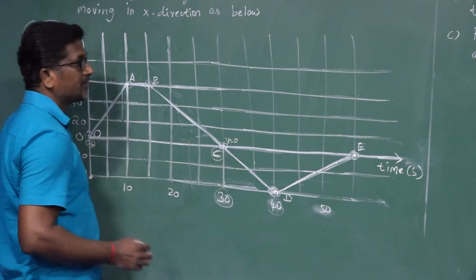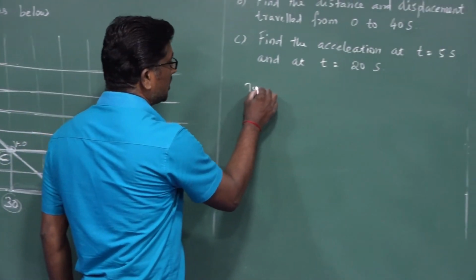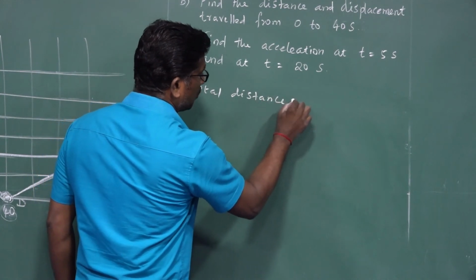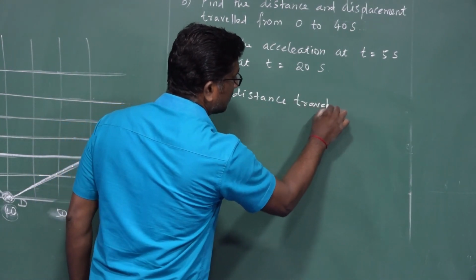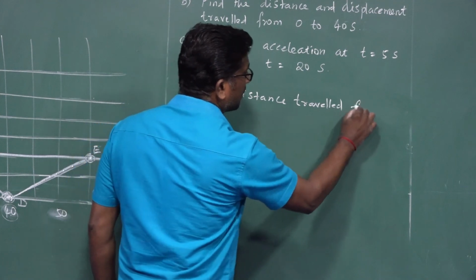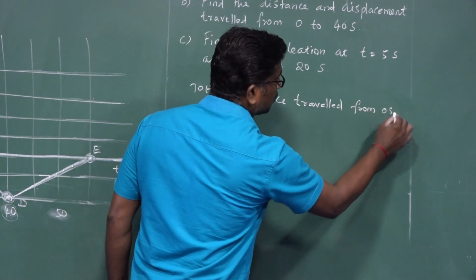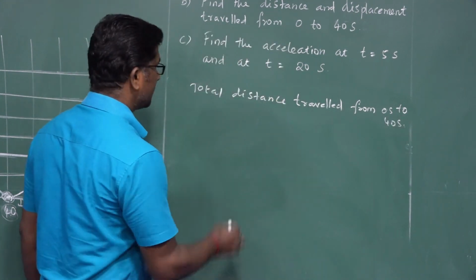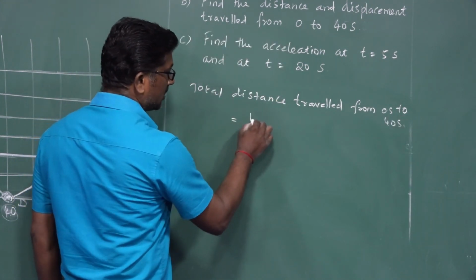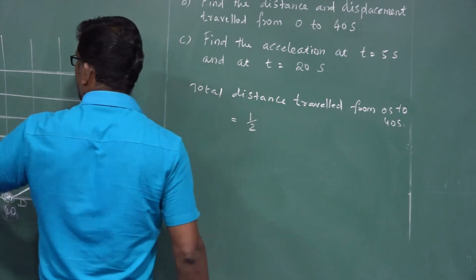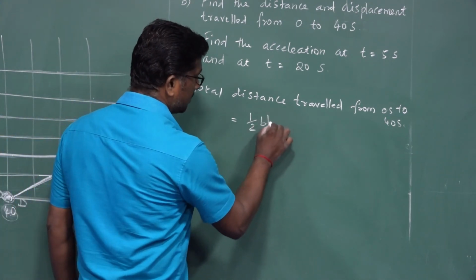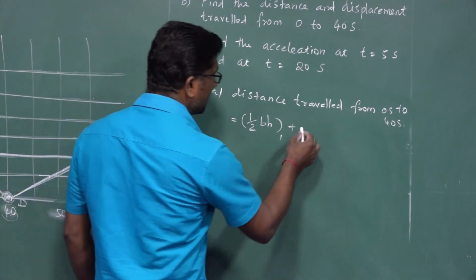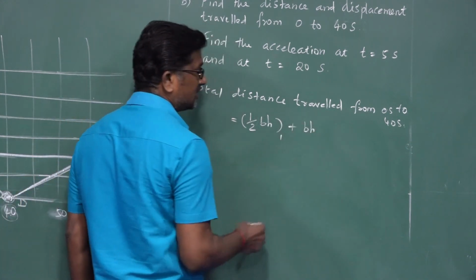First, total distance traveled from 0 seconds to 40 seconds is equal to the area of the first triangle, that is half B H1, and next the area of the rectangle, so breadth and height.